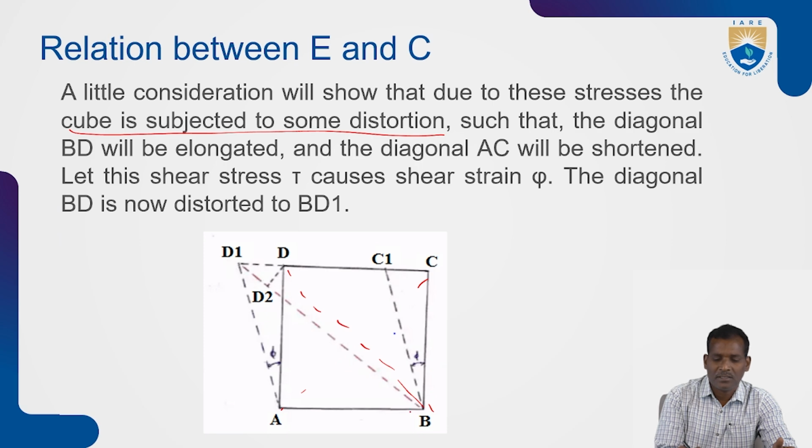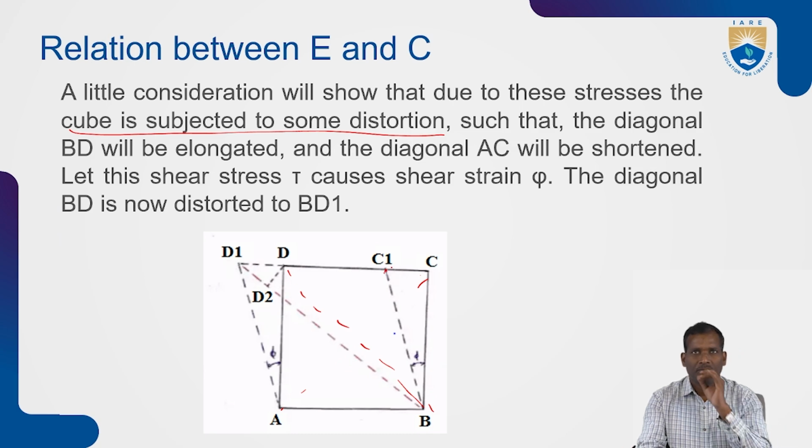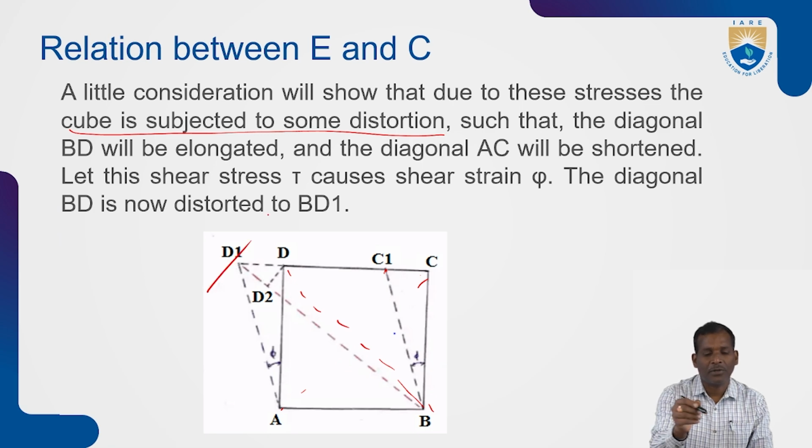So this diagonal is elongated. At the same time, what will happen? The point C is shortened to C1, but D is elongated to D1. This is elongation, and this one is shortened.